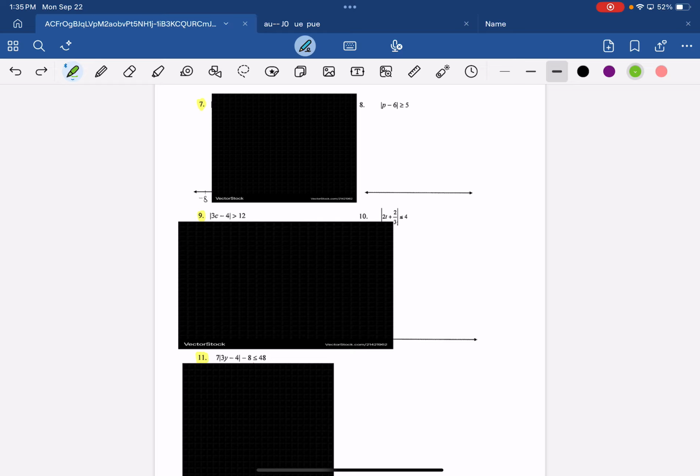This is less than, this side greater than. Number 7's an and, right? Yes, it's an and.